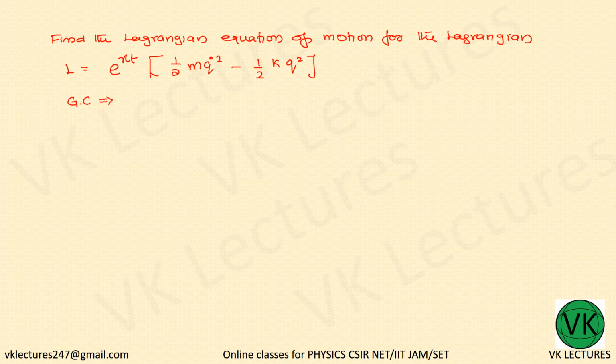The generalized coordinates is q, and corresponding to q we have the equation of motion, total time derivative of ∂L/∂q dot minus ∂L/∂q equal to 0. So ∂L/∂q dot is equal to e to the power gamma t times mq dot, so that's ∂L/∂q dot.